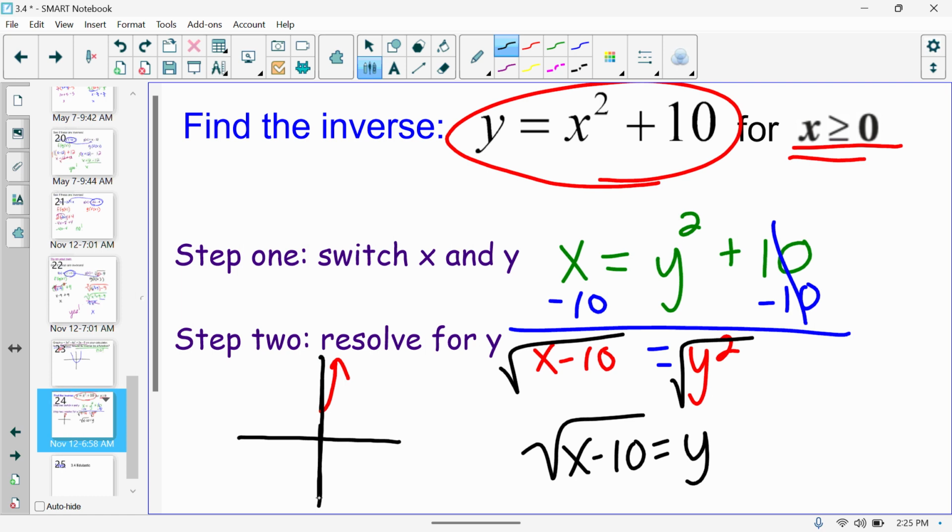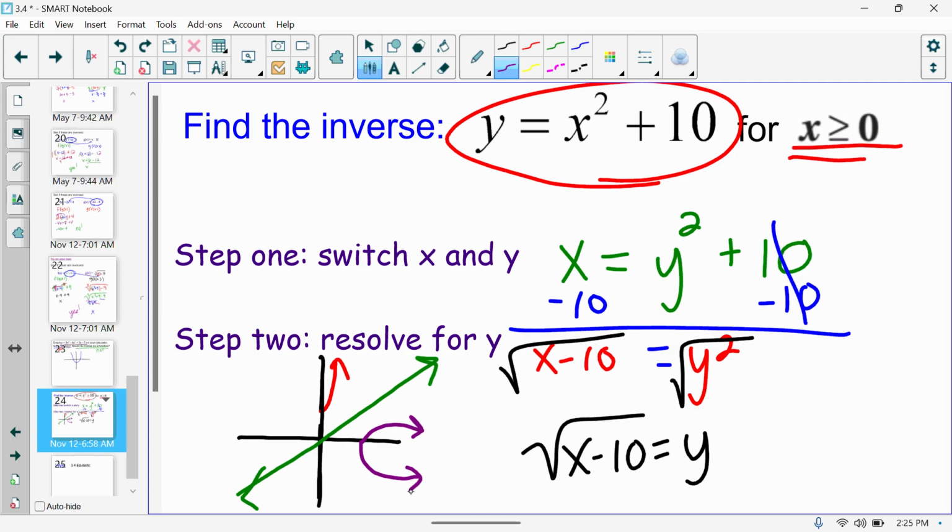So I'm only looking at that part of the graph. Imagine flipping that over the line y equals x. I'm going to do my best to show what it would look like if we had the mirror image of that. It's probably going to look something like that, okay? So that's why we don't want this half of the graph.